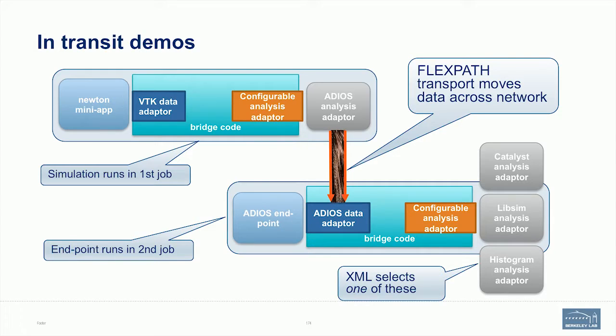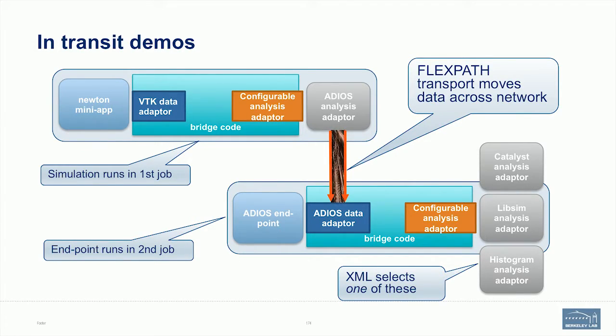And SENSEI allows you to do this just by changing the XML in the configuration file. So you can switch between Libsim and Catalyst, or you could do in transit, sending data over the network to another set of nodes using Libsim or Catalyst. All of these configurations are really easily achieved just by modifying XML code.